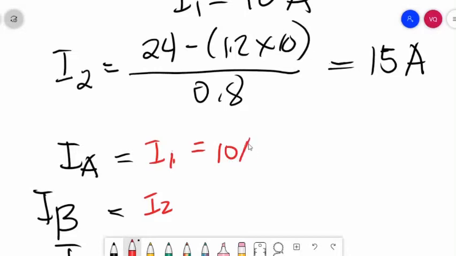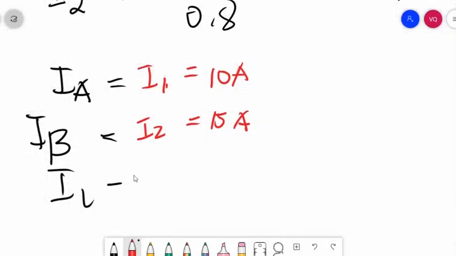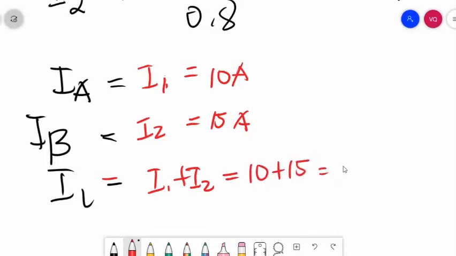So this is 10 amperes, 15 amperes, and IL is equal to the sum of I1 plus I2. So that is equal to 10 plus 15 is equal to 25 amperes. They are all positive.